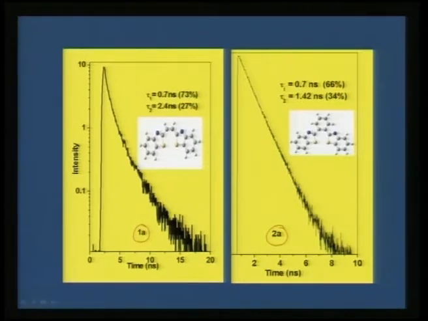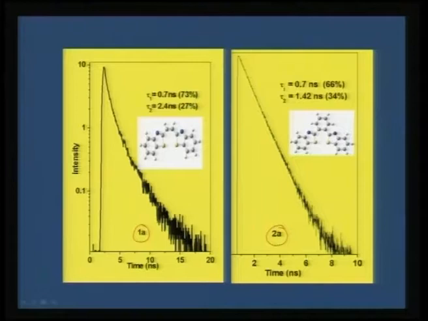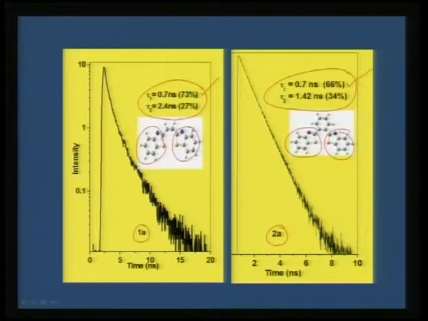What is different here is only the linker, that is the ethylene linker or the phenyl linker. You would see the time decay curves. If you look at the time decay curves and you fit it to a double exponential decay model, then you would see both have the same component, that is 0.7 nanosecond time decay, which mainly comes from the thiazole molecules, which we can conclude because both have a common tau 1 value, and the tau 2 seems to be coming from the linker.